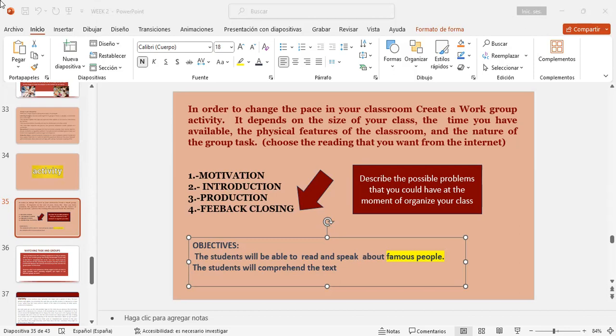Okay. Motivation: to guess the famous person the teacher describes. So if you are, for example, the teacher in this class, you are going to describe physically a famous person, maybe a singer, an actor.